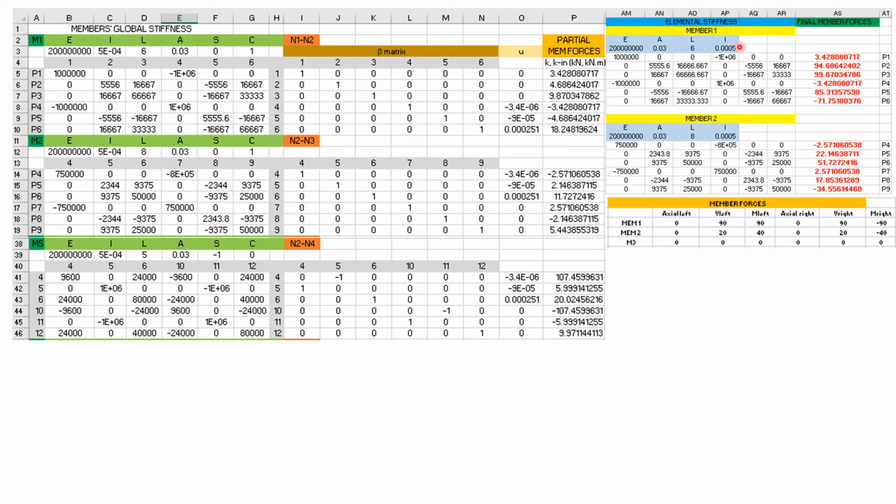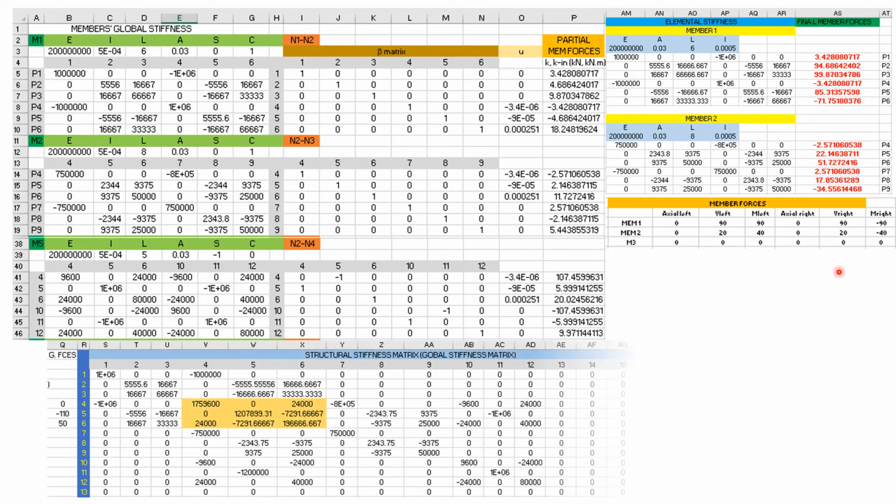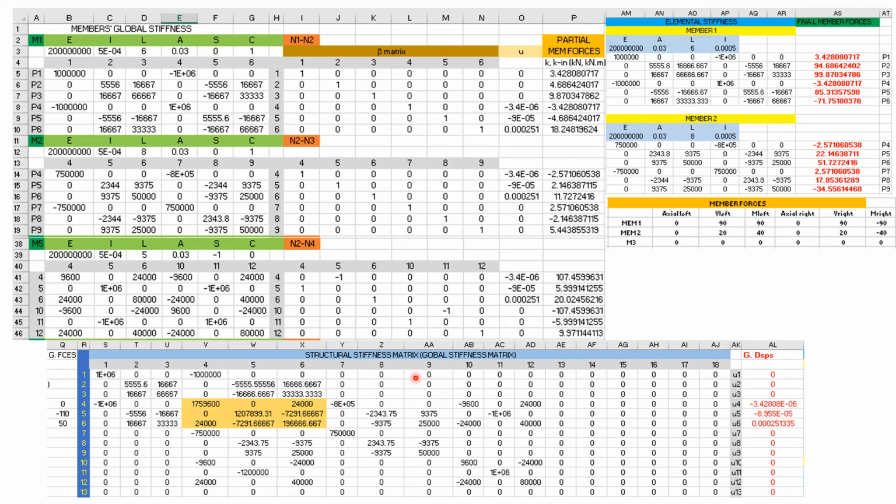And these are partial member forces because I haven't yet included the fixed forces here. These are the fixed forces. Then this is the final member force, which is the result here plus the fixed forces. So this is the structural stiffness or the global stiffness matrix, general, including the global displacements, to give you an idea on making your own matrix calculator, which is your final project.